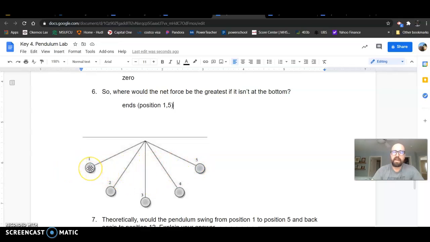There it has to do with some vector resolution, but the force of gravity is always going to be down. And in this case, the tension would be this direction. And so that would be a smaller vertical resultant of that.